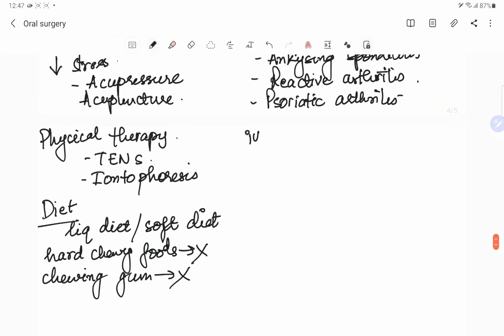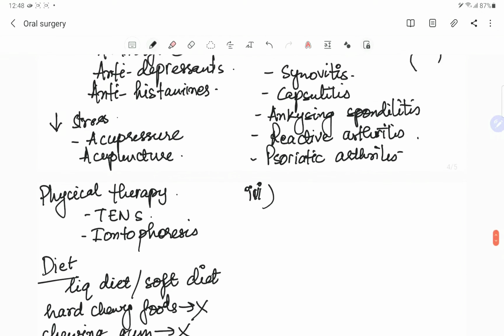Then the third one in the articular TMDs, the first one is the non-inflammatory arthropathies, in which we have covered the osteoarthrosis being the most common one. Then the inflammatory arthropathies, we have covered rheumatoid arthritis and all these conditions.